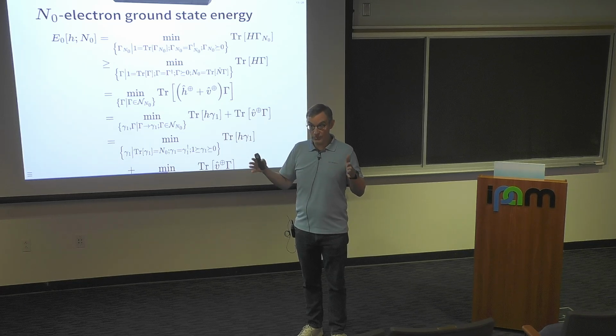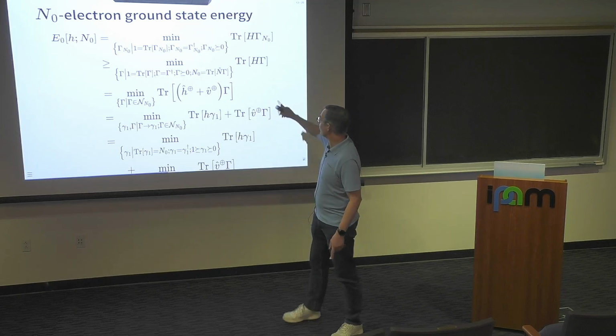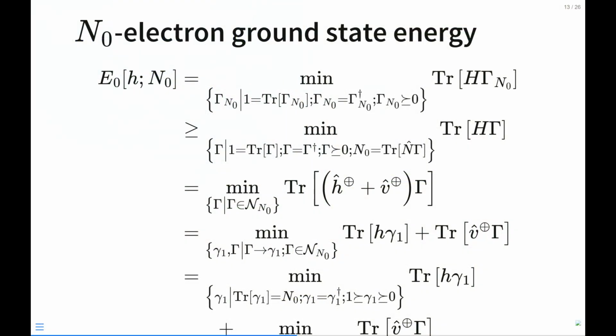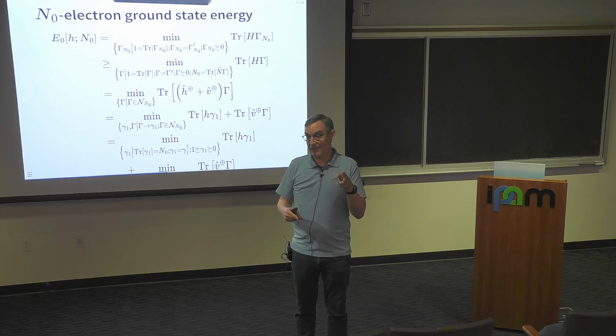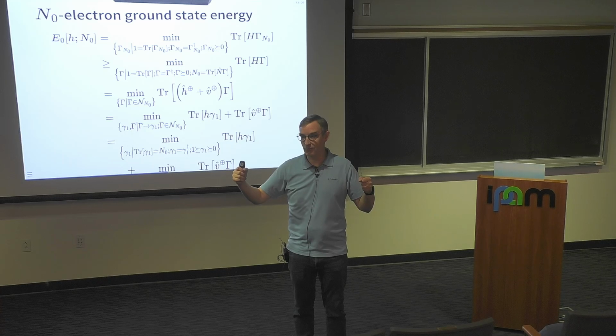Once you go to states that only have an expectation number of n particles, let me think of it as a chemist. If I gave you two systems that each had 10 electrons, it might be that they would spontaneously like to become one system with 9 electrons and one system with 11 electrons.